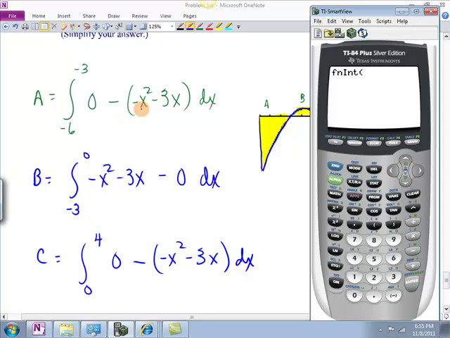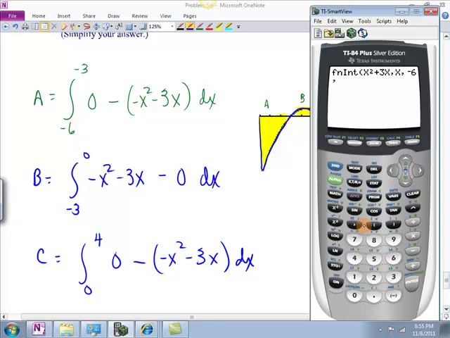We want to put the name of the function. So what does this minus out here do? Can I just change these signs? All right, so I'm going to have x squared plus 3x, comma, because it's always the function, and then comma, the variable, so that's going to be x, comma, what's my lower limit?